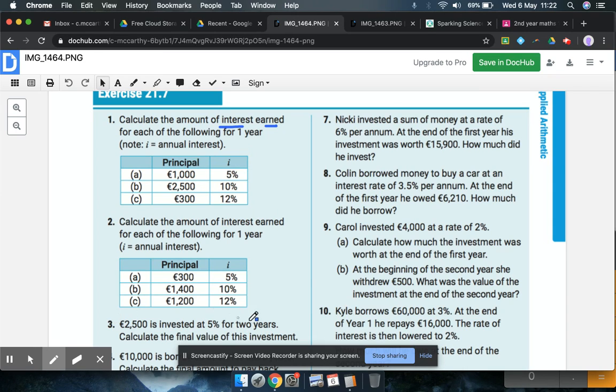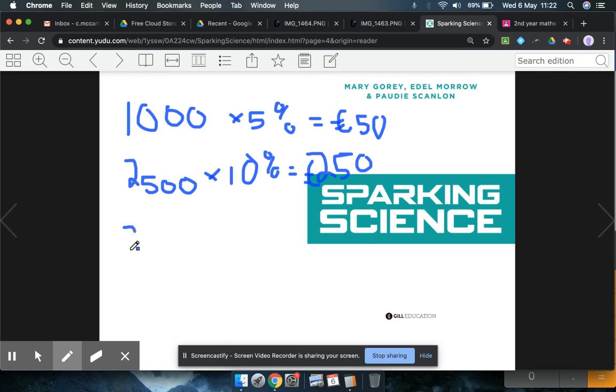It's pretty easy when we work out for 1 year, because you earn interest and you add it onto your principal, which is what you start with. But onto the second year, your values are going to change. So we'll see what this looks like when we do it up in front of us. This is question 3.